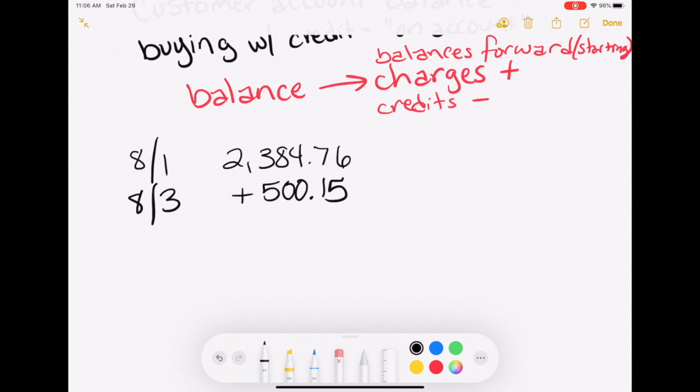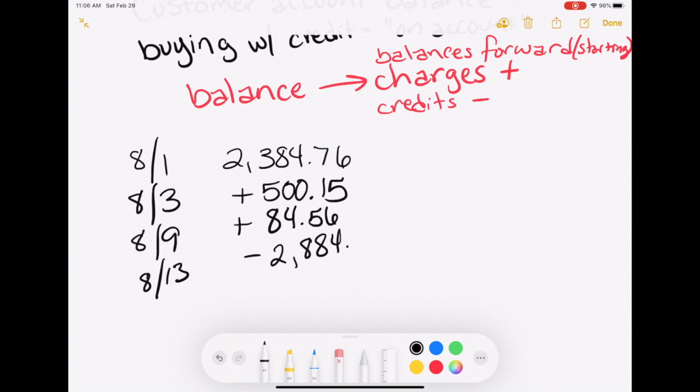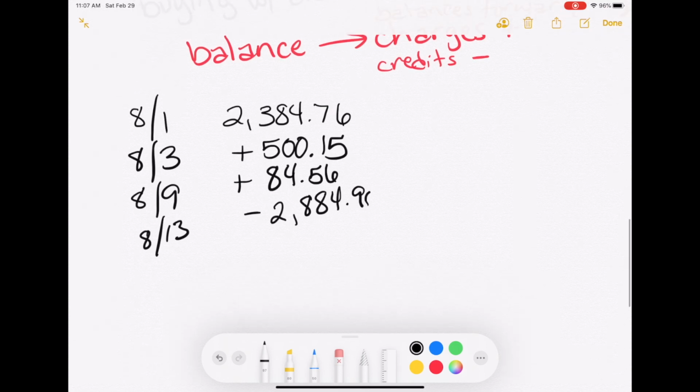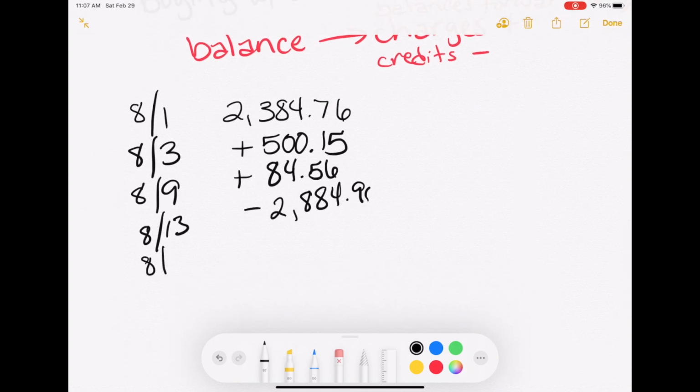An invoice for $841.56 is going to be added on August 9th. And a payment was received on August 13th. So a payment is going to be subtracted of $2,884.91. A credit memo was issued on August 16th. So that's going to be subtracted out of $56.73. No other transactions happened in August.